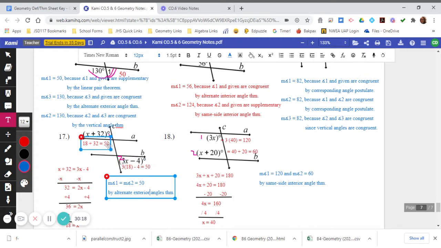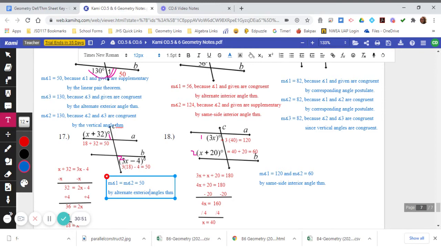Now, for my explanation, I didn't like that they didn't number these, so I just put my own numbers in so I could write my explanation a lot easier. So it's okay for you to do that on your paper too. So I called this top one angle 1 and the bottom one angle 2. And now I know that angle 1 and angle 2 are both 50 through substitution here. And I used the alternate exterior angle theorem to start that whole process.